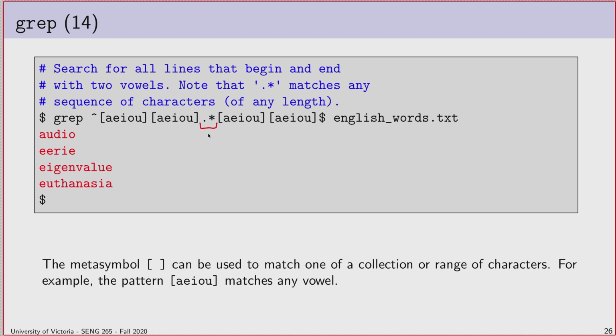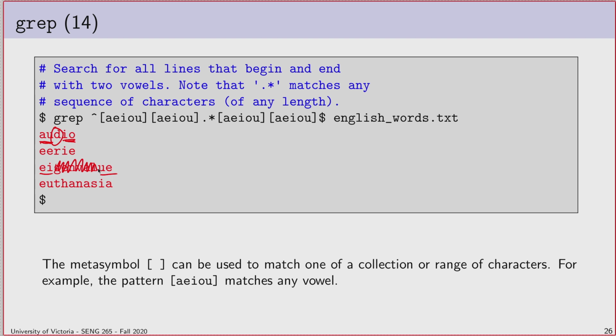The way I would read this pattern is match beginning of line, then a vowel, so 2 vowels. So here's AU, for example. Then match any sequence of other things, and then 2 more vowels. Here I've got AU, and then a D, and then IO. So the dot star would match this D. I've also got eigenvalue, EI, those are both vowels, and then UE, those are both vowels. The dot star eats up everything in between.